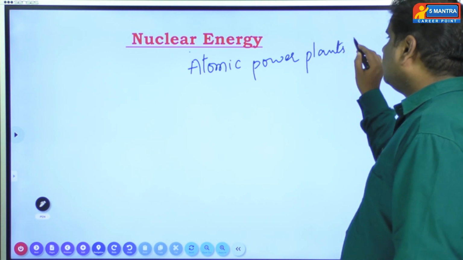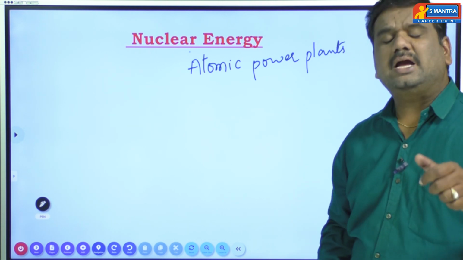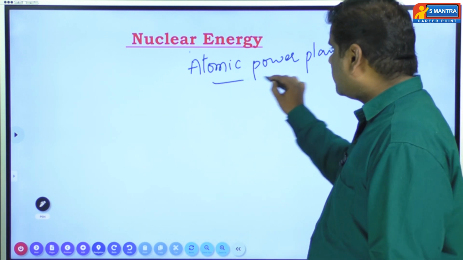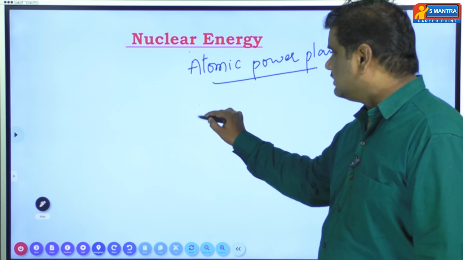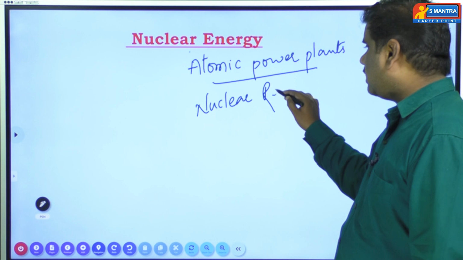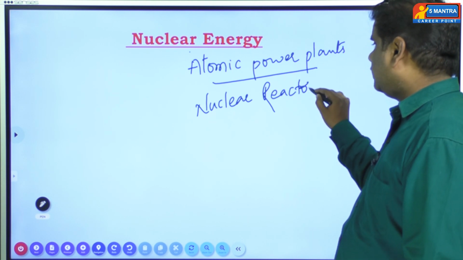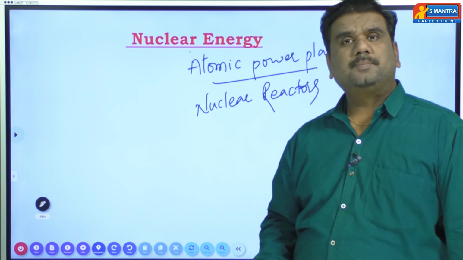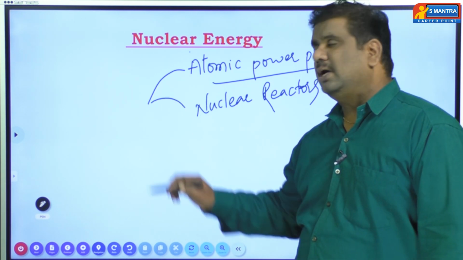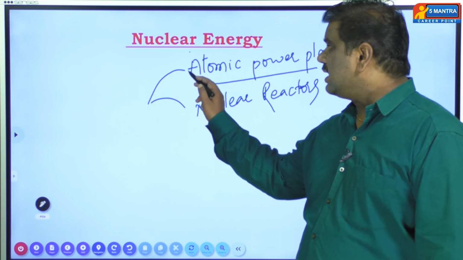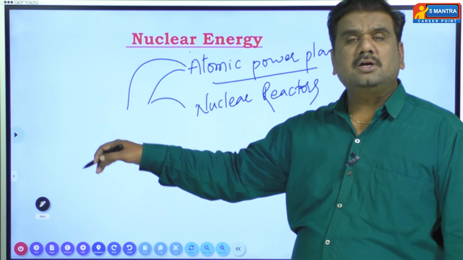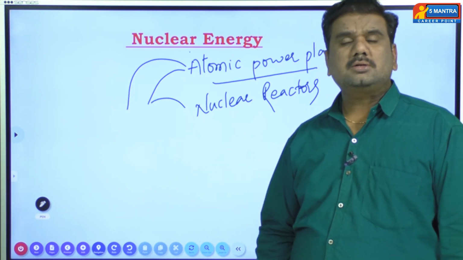What is the net amount of energy being produced by these atomic power plants and the nuclear reactors which are operational in them? What is the number of atomic power plants? What is the number of nuclear reactors? And where are these atomic power plants located in India, in which state and which particular place?